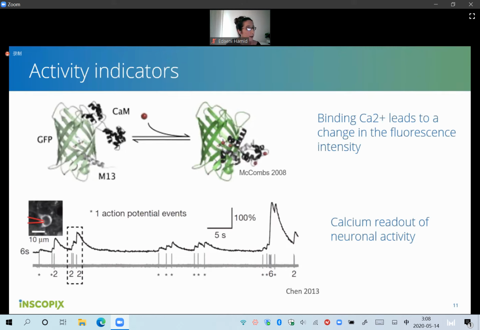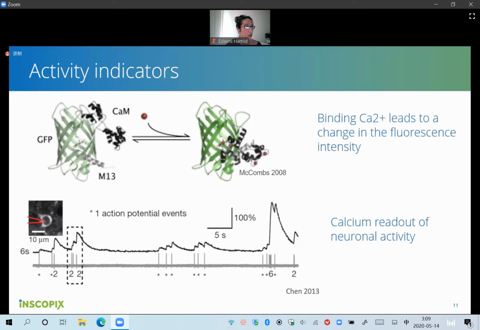When a neuron is active, increased levels of calcium will be detected as calcium binds, causing a conformational change and a corresponding change in the fluorescence of the GCaMP molecule, which can then be detected. So therefore, calcium is generally used as a readout of neural activity.